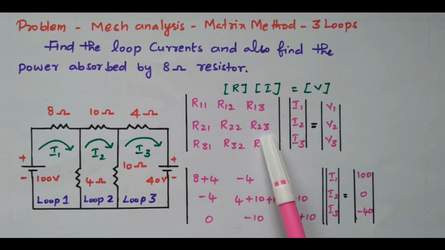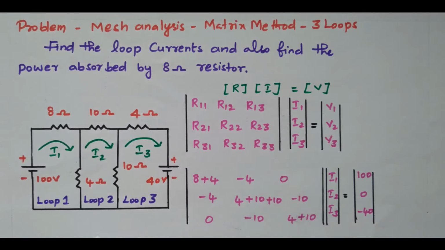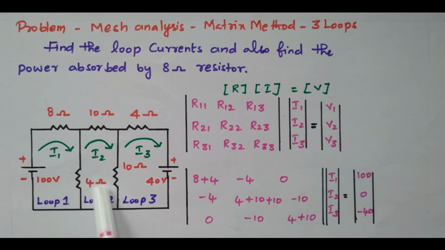What is R23? The resistor commonly available between the second loop and the third loop. This is the second loop, this is the third loop. This 10 ohm is available commonly between the second loop and third loop. By seeing the diagram we can easily identify this 10 ohm is available in the second loop as well as the third loop, so it is minus 10.